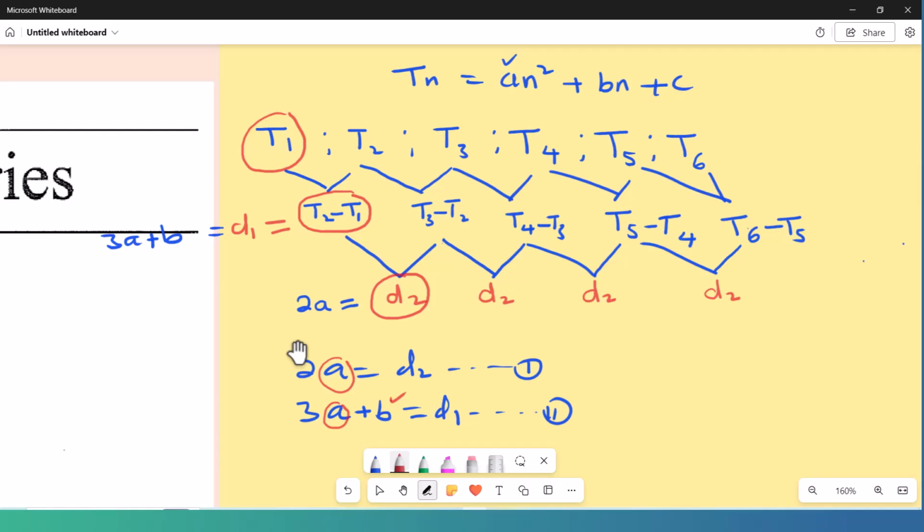When you're done with that, to get your c, you're going to use equation 3, which says a plus b plus c equals T1. This T1 is the first term, given by a plus b plus c.